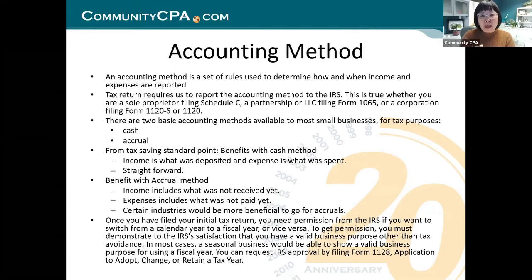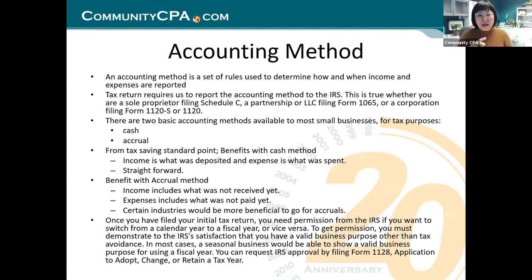Remember, when you apply for a new company, the EIN application form would ask you your year end. So that is the intention, wanting to nail down your fiscal year. Then in that form, it didn't have accounting method, but on your first tax return, it has accounting method for you to determine. So those are the things really important, and should not be taken lightly.